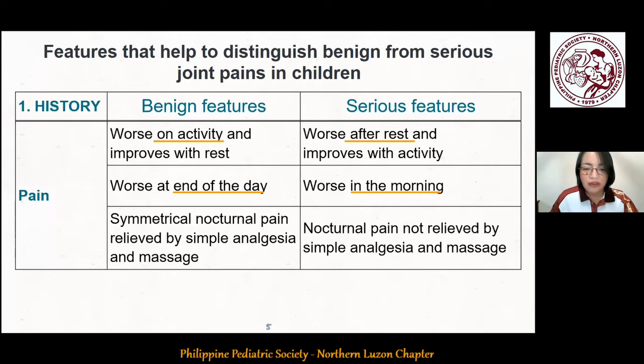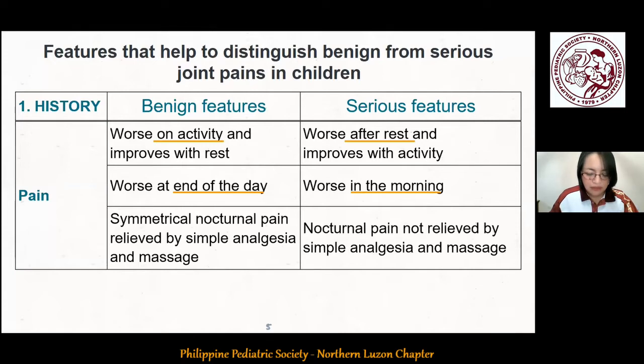I remember I have patients who, after their classes, complain of joint pains and have difficulty getting up from their seats. That's because they already had gelling of the joints after being seated for quite some time.